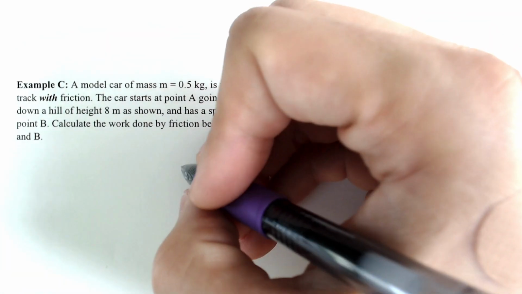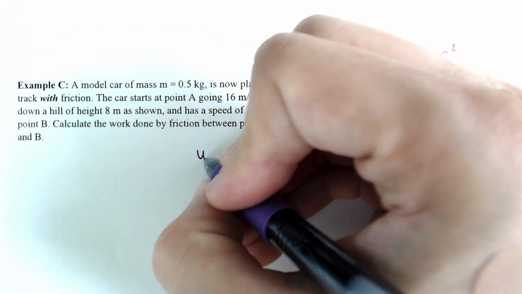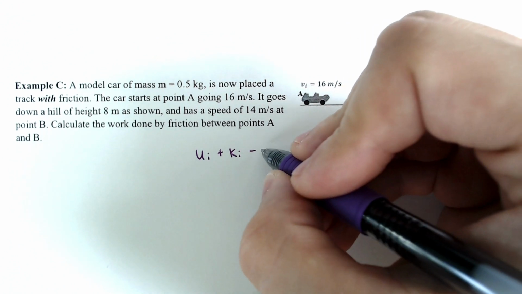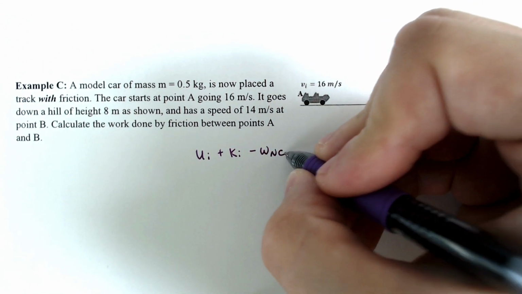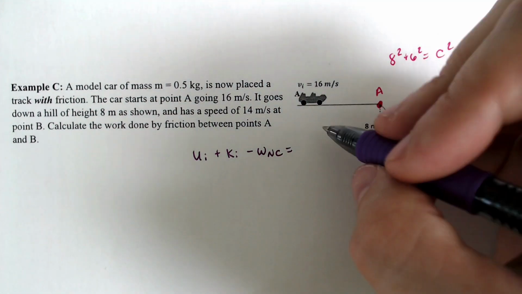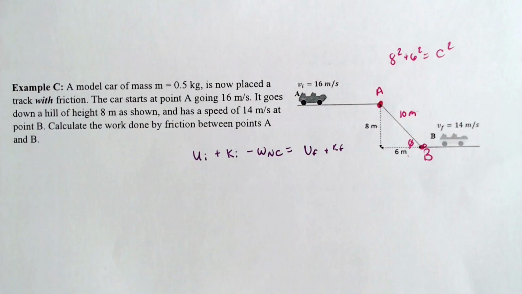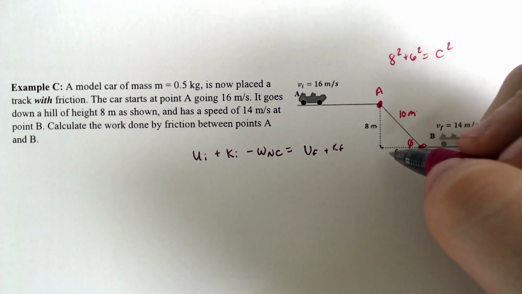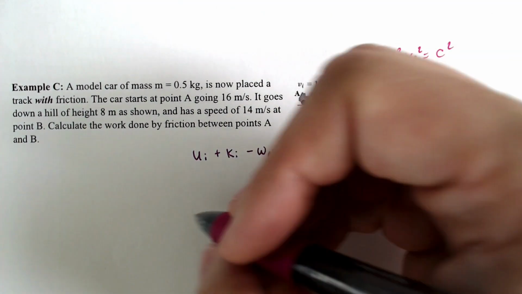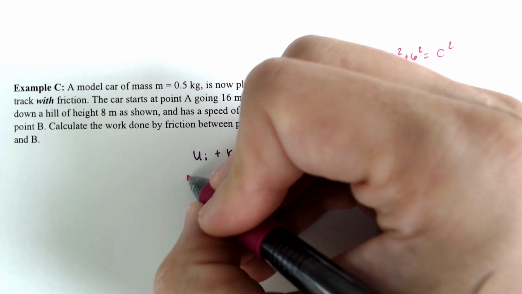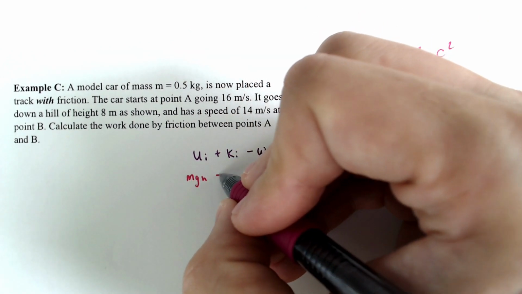It has an initial. We got our Ui plus Ki minus the work done by non-conservatives, that's what we're actually solving for, will equal Uf plus Kf. All right, well, Ui is how high we are in the air. It would be mgh, plus Ki.